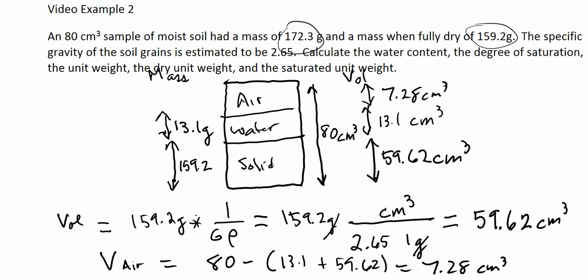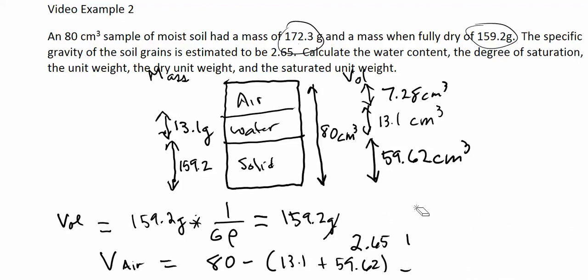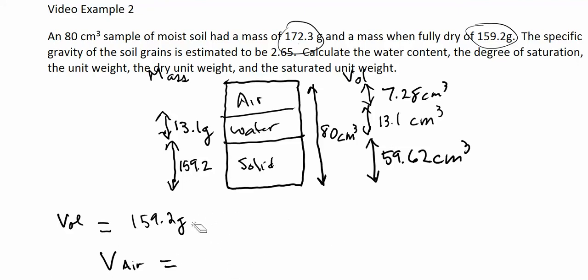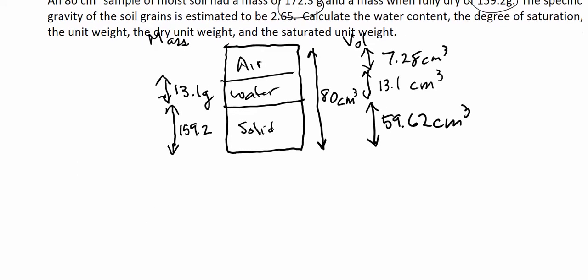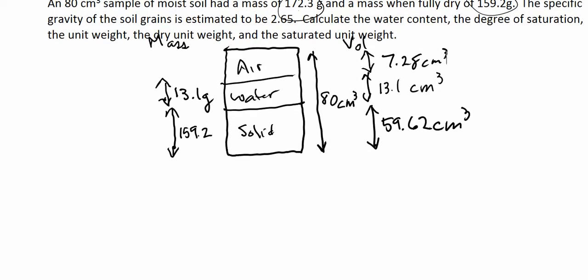Now we're ready to go right to coming up with all the answers to solve this problem. So I'll need some space to do that. I'm recognizing that you can hit rewind if you needed to see any of that again. And I'm just going to give myself a little more room here. The first thing that we're asked to find is the water content.